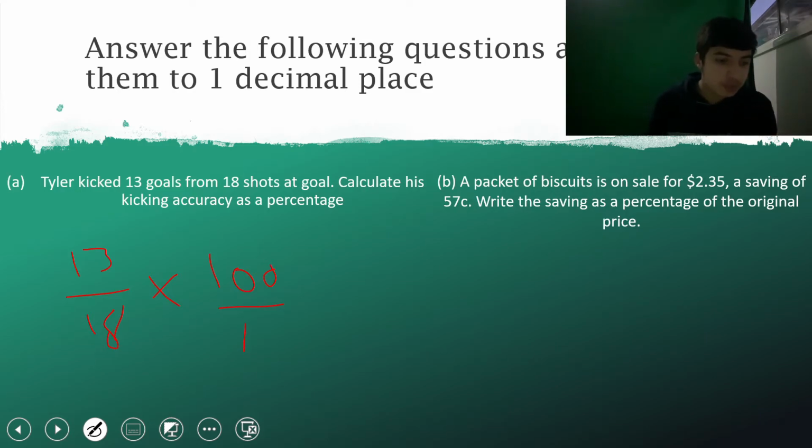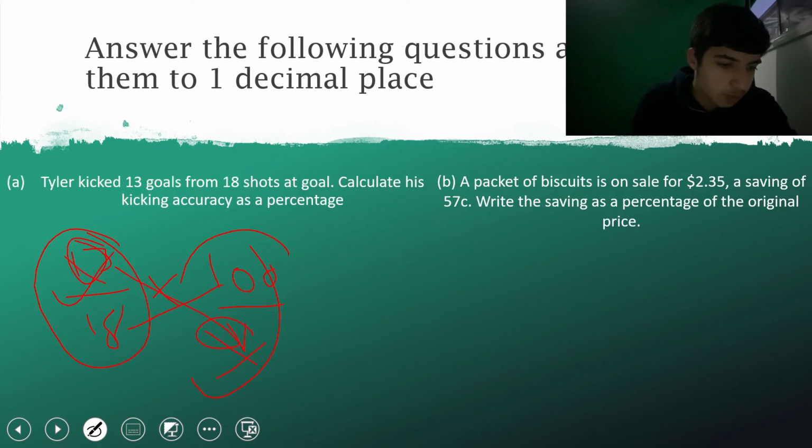Now we're going to simplify. What's the easiest simplification over here? It would be 2. These ones cannot do anything, nope. This one, nope. So we're doing cross. We have these two here.